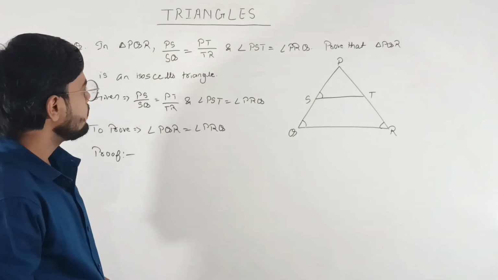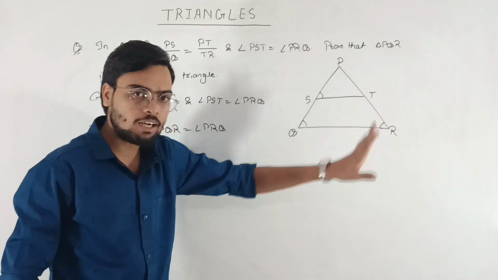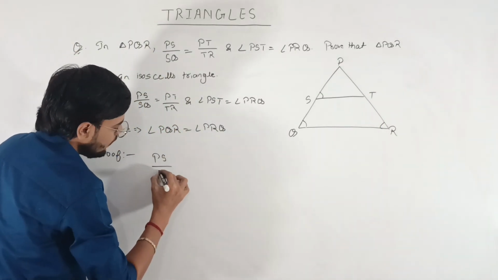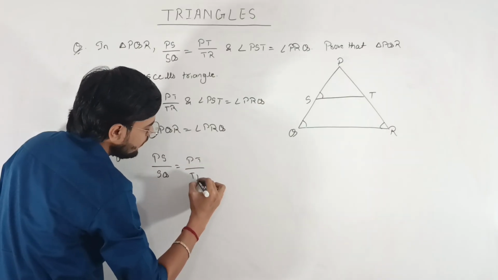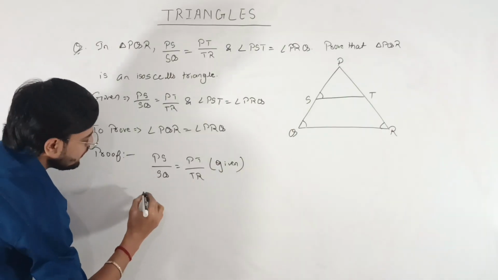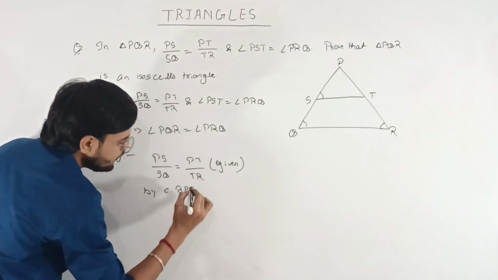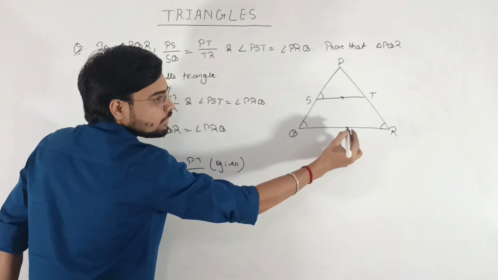First thing is given, PS upon SQ is equal to PT upon TR. So I write PS upon SQ is equal to PT upon TR. This is given. So from this, by converse of BPT, ST is parallel to QR.